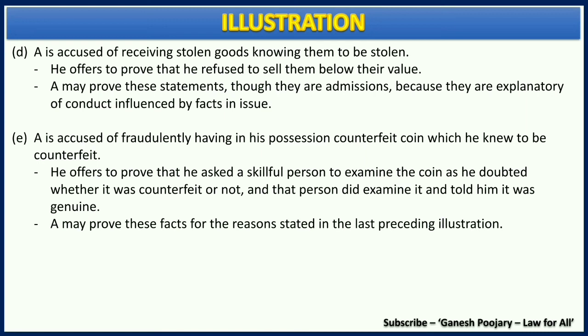Now, whatever A has done, that is taking such currency to a skillful person and examining it, all of them are relevant. That way, this will sit classically under subclause 3 of section 21.